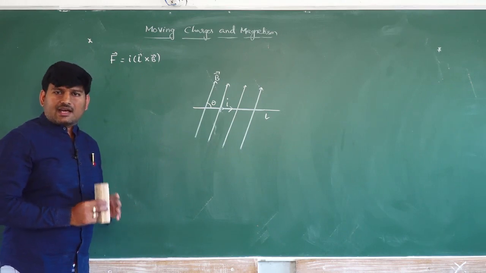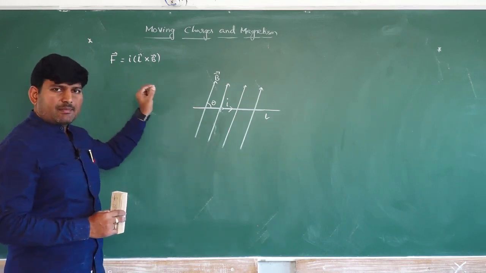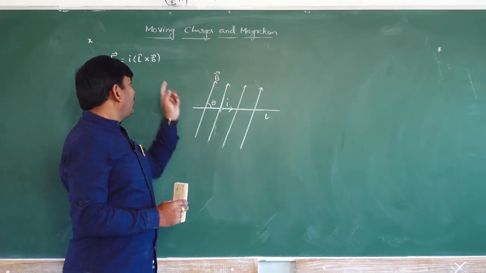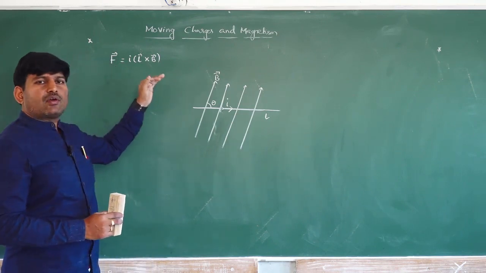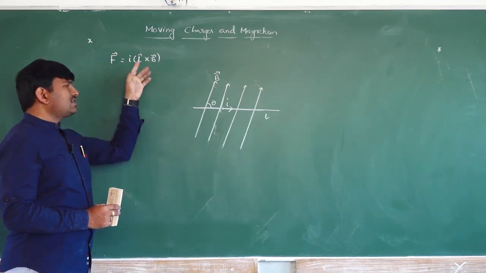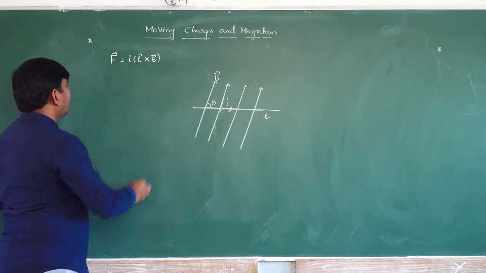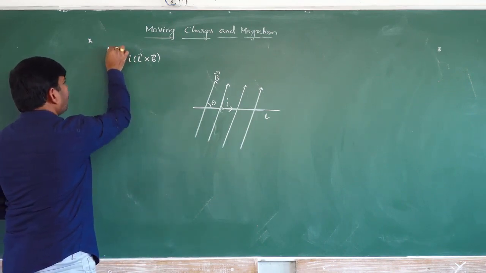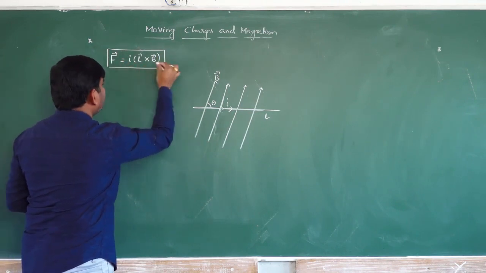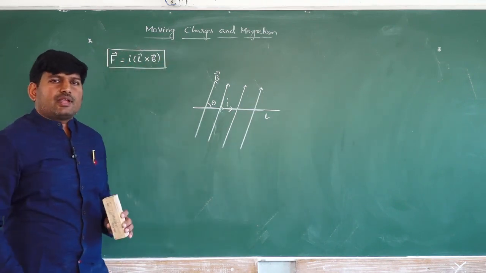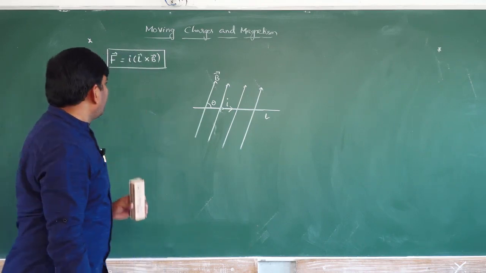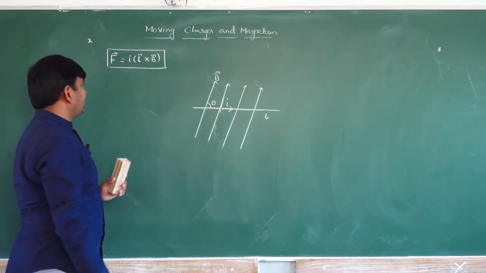Generally length is a scalar, but here for small elemental parts we will be treating the length as a vector quantity. More clearly we will be calling it the current element. I into L is said to be the vector quantity here, the current element. So this is the actual formula that we have to derive for the magnetic force acting on a current carrying conductor placed in the uniform magnetic field.